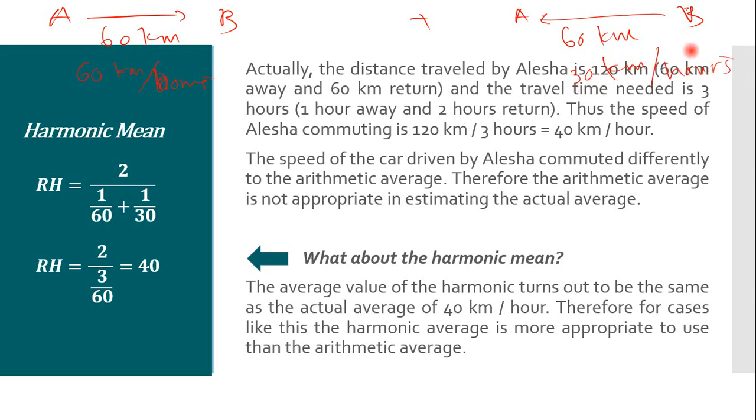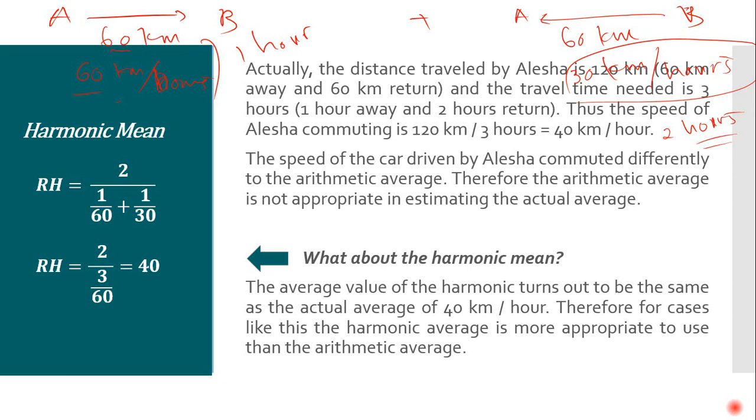So if this trip needs 60 over 60, which is 1 hour, the return trip needs 2 hours because the speed is half of this one.